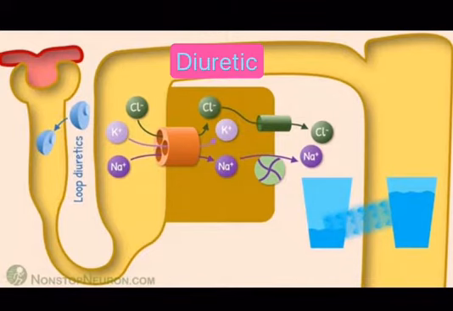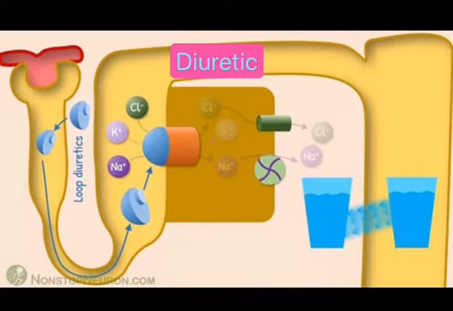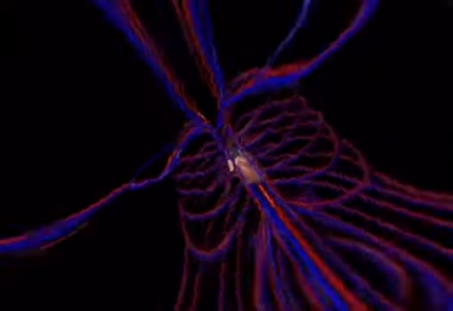Here it binds to the chloride binding site of the sodium chloride cotransporter and inhibits its activity. So subsequent activity is also decreased, water absorption decreases, and more water is lost in urine. Thus urine output increases and blood pressure decreases.